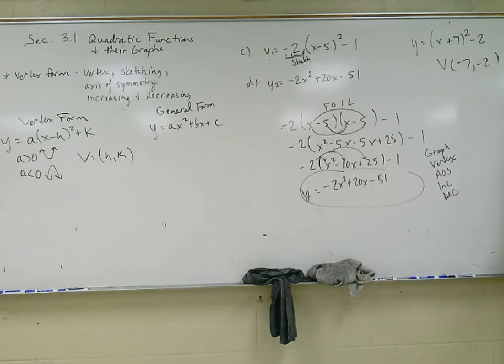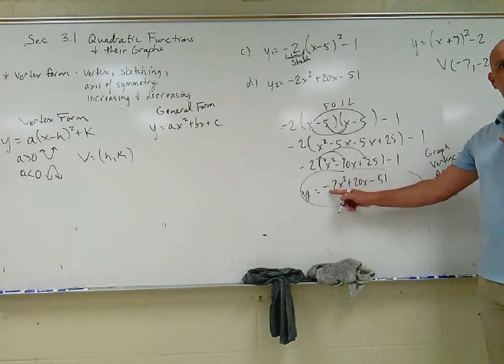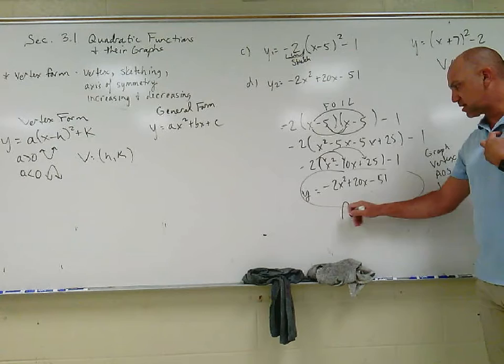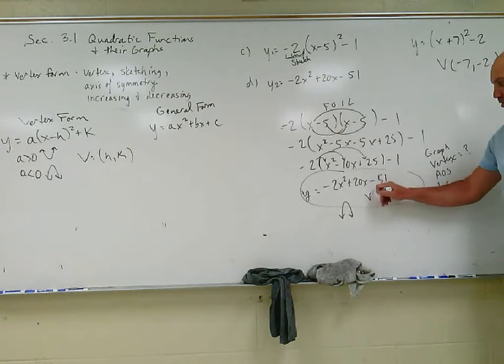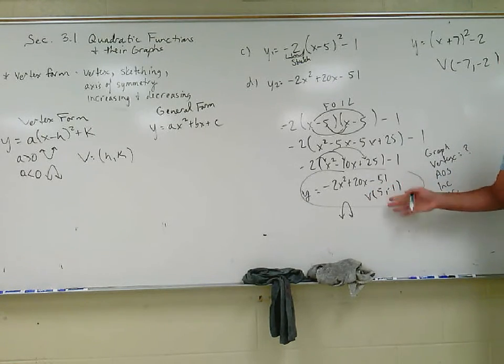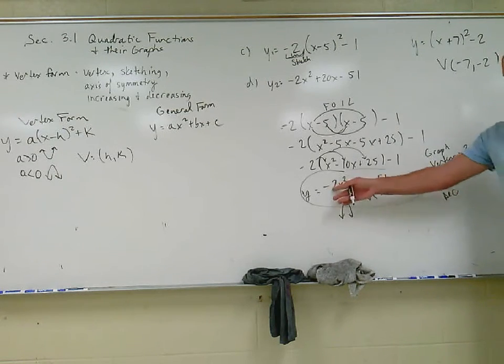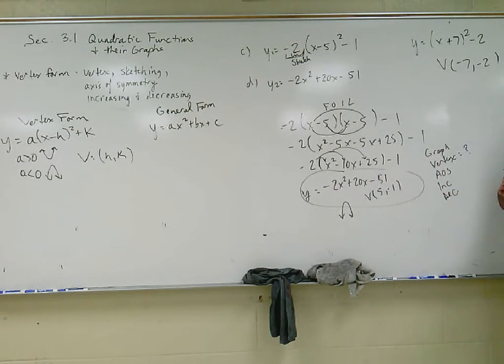The vertex. We do know, because of the -2, that it opens down. If I told you the vertex was (5, -1), would you be able to graph it? You would go to (5, -1) and draw a parabola that opens down. The question is, how do you know what the vertex is?